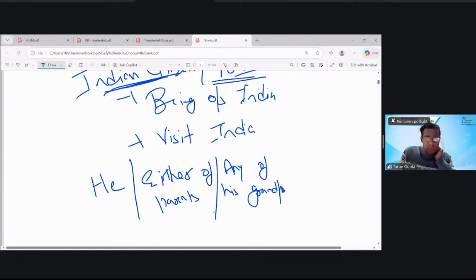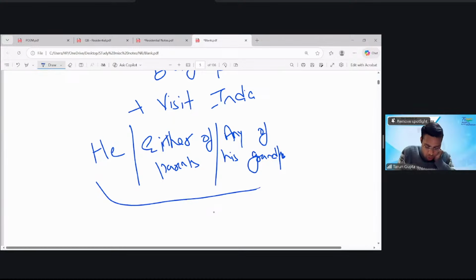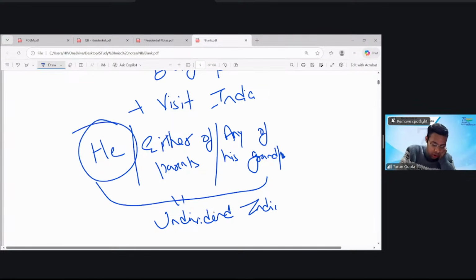If any of these persons were born in undivided India, then this individual is a person of Indian origin. So what does it say? Either the assessee or his mother or father or any of his grandparents, if even a single person of these was born in undivided India, then the assessee is a person of Indian origin.